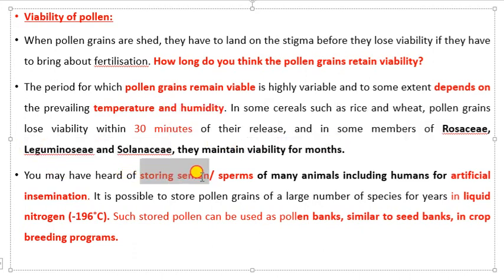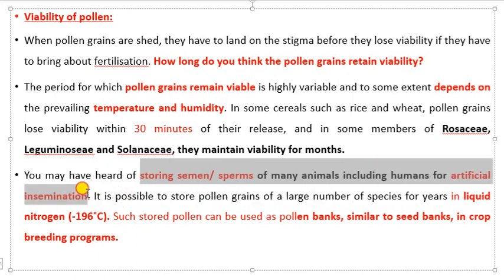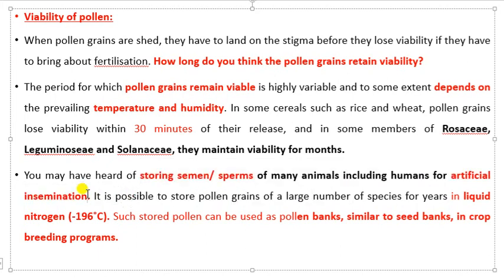Now, similar to the storing of semen or sperm of many animals, as well as in human beings for artificial insemination, nowadays pollen grains can also be stored in the same way at minus 196 degrees Celsius in liquid nitrogen.